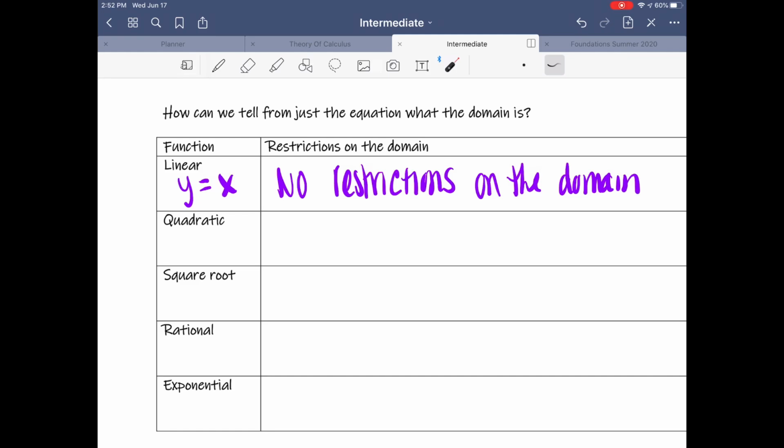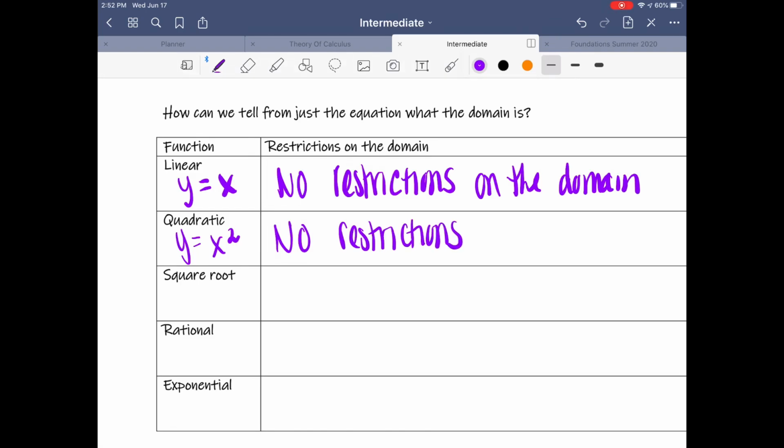It can be anything, so there's no restrictions. On a quadratic, there were also no restrictions. Same thing, you can square anything. You can square negative numbers, positive numbers, 0, decimals, fractions, you can square anything. So there's no restrictions.